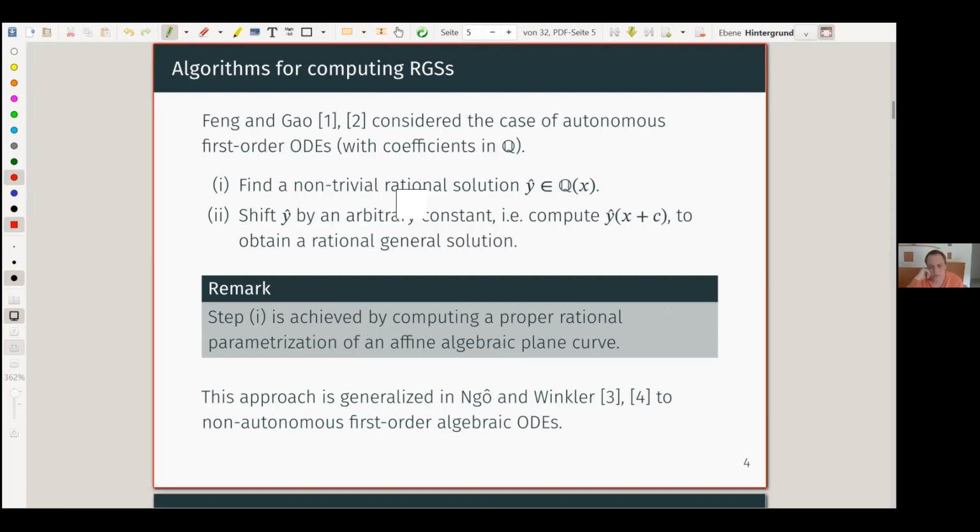Note that there could be singular solutions which cannot be obtained in this way. Yes. But could there be another general solution family of a different degree? Of different degree? You mean in the degree of the rational function in x?